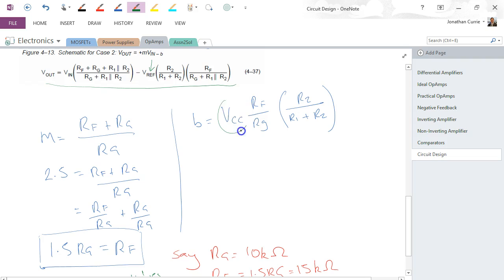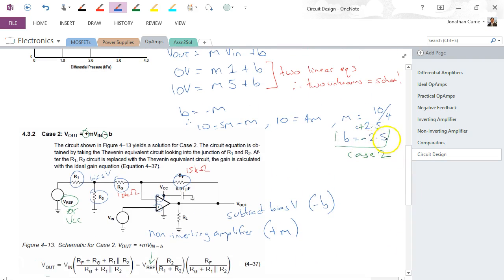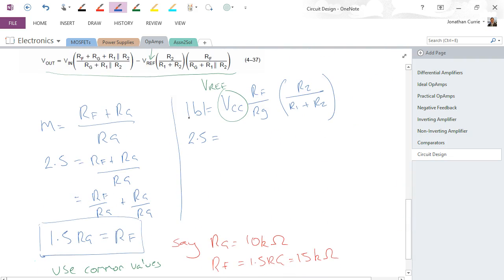Just taking a note that this VCC here could be a reference voltage if we have it available. Otherwise, we can just use VCC in here. And sorry, that should be the absolute value of B. So 2.5 is equal to, not minus 2.5. Right, I know we solve for the negative one here, but it is the absolute value.